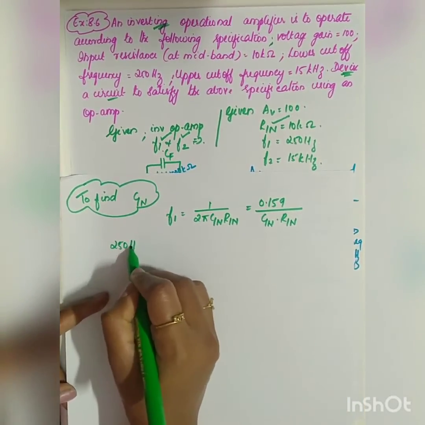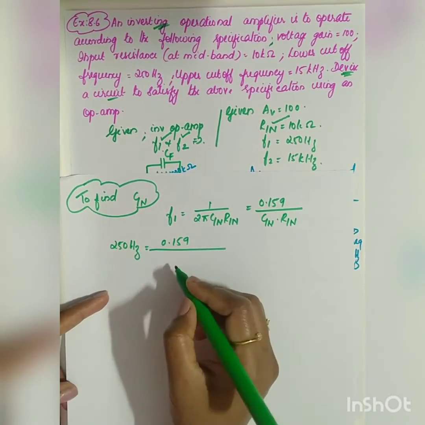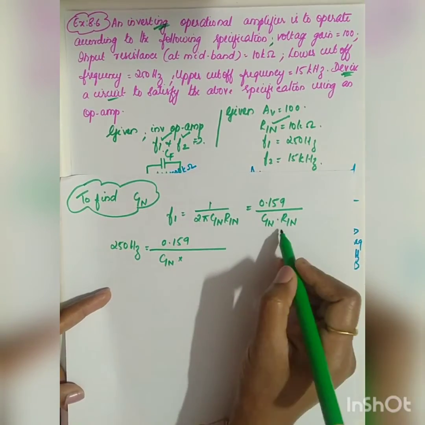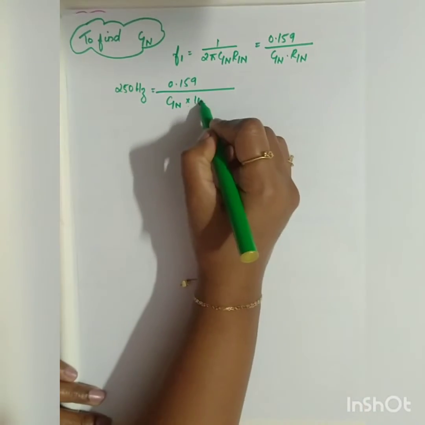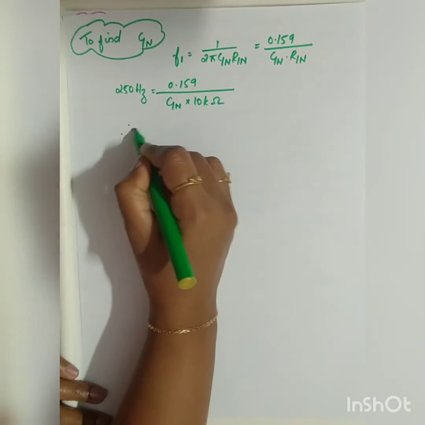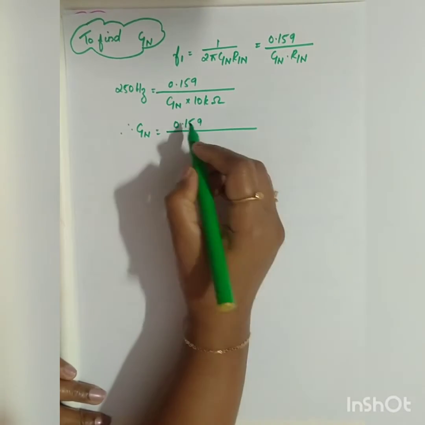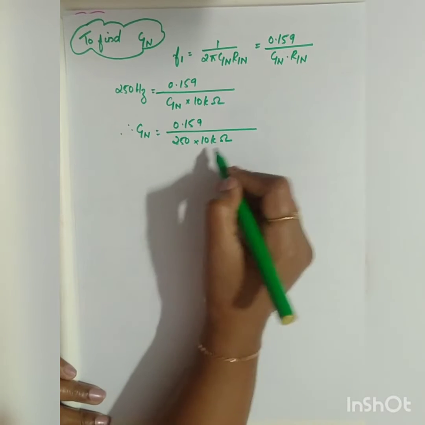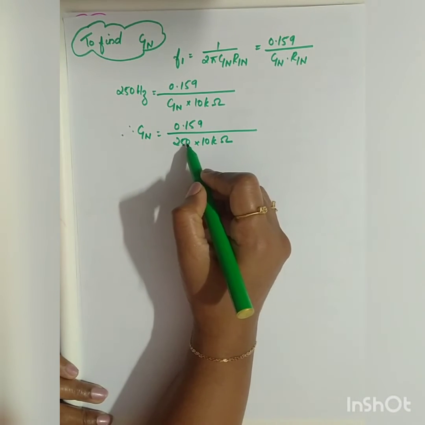So 250 Hertz is equal to 0.159 divided by Cin, which you have to find out. Rin you have calculated: 10 kilo ohm. Therefore, Cin will be equal to 0.159 divided by 250 into 10 kilo ohm. Here you have K, which is 10 raised to 3.